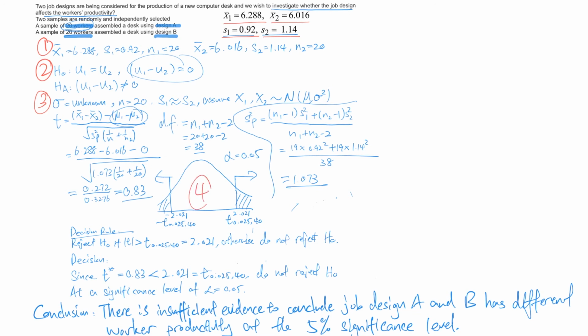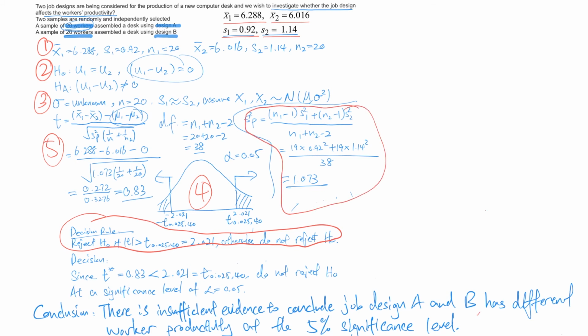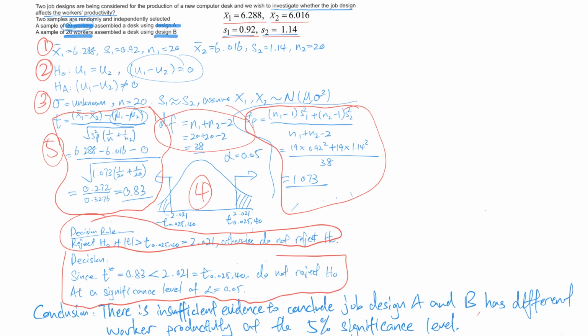Step 4 would be to draw your rejection region and state your rejection rule. That's here. And step 5 would be the actual calculation. That's including this part as well. So these are step 5. Step 6 would be your decision based on your decision rule. And finally, step 7 is the conclusion.